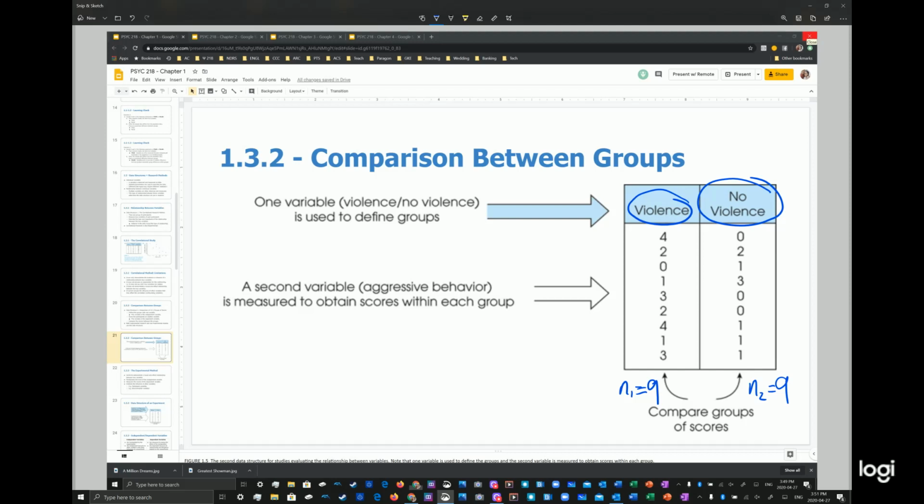Whether, let's say, the people who have watched the violent show demonstrate more violent behavior. And if you look at the scores quickly, yeah, they seem to. The violent group has more 4s and 3s, and the non-violent group doesn't have any 4s at all. It's only one 3, and most of the scores are much lower.